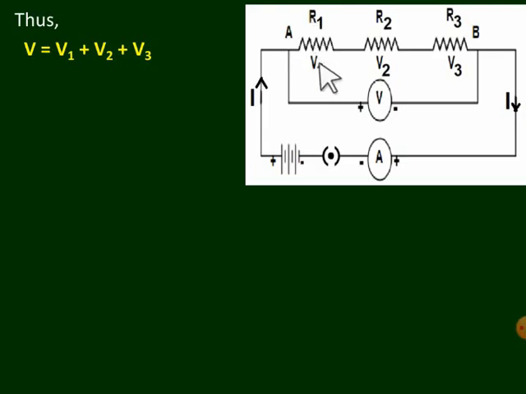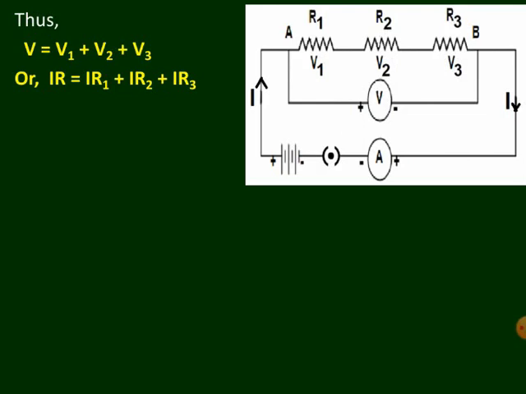So V1 equals I times R1. Similarly V2 will be I times R2, and V3 will be equal to I times R3.